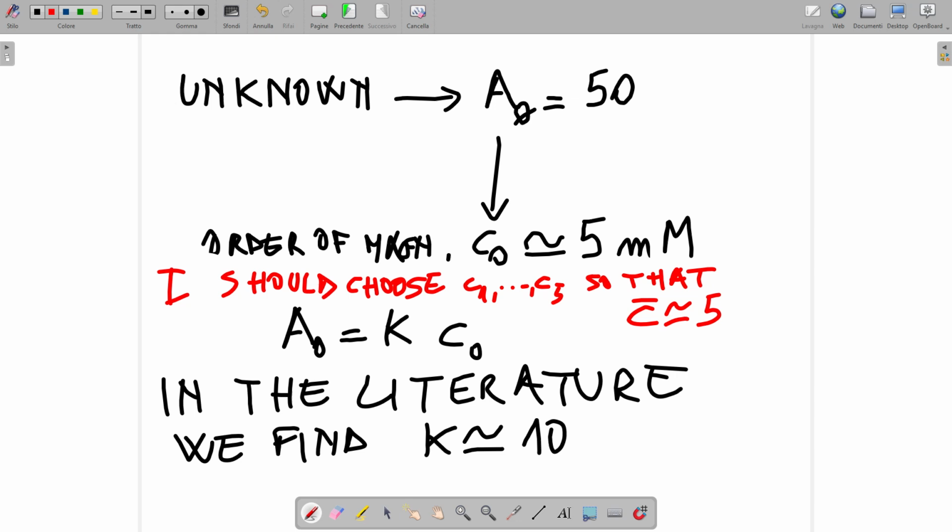Okay, this is the criterion. Once I have this value, I simply have to choose C1 up to C5 as far as possible from 5.